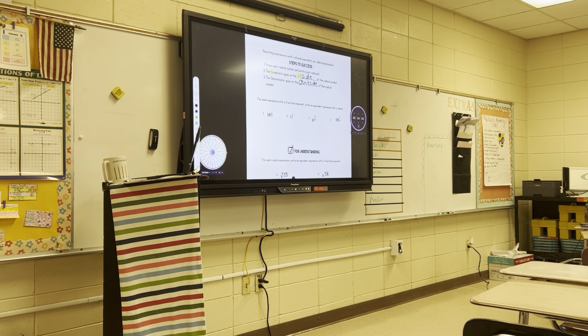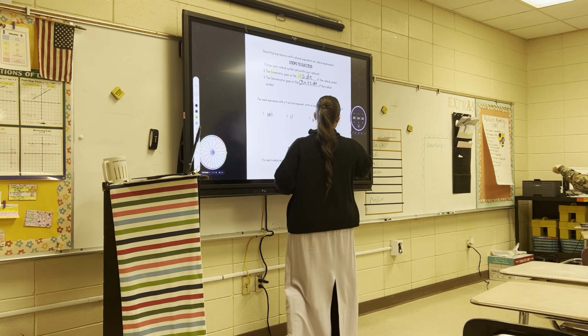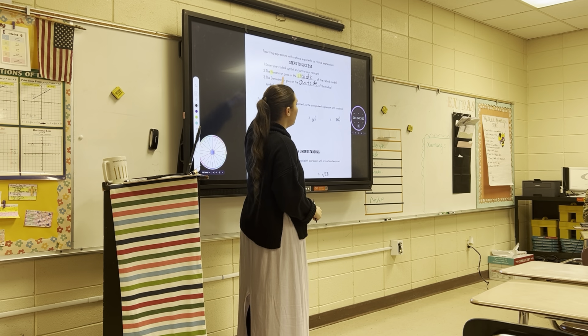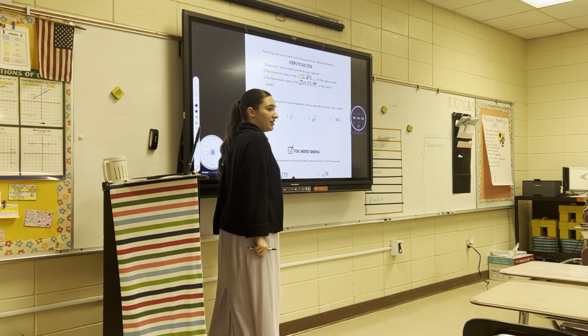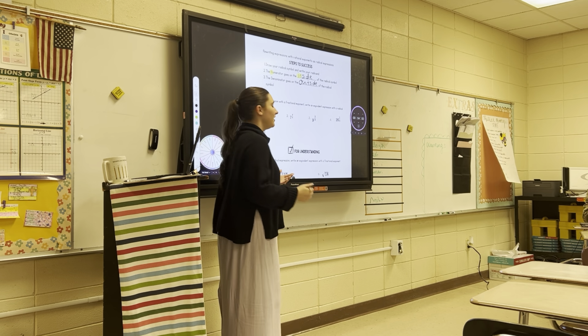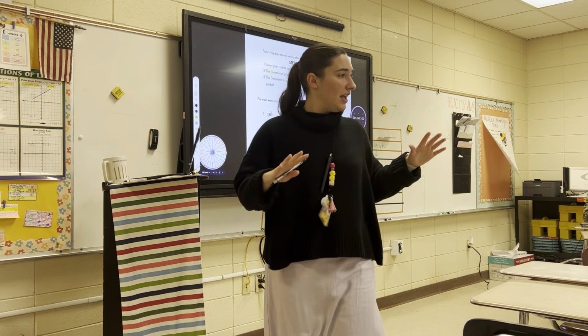So let's look at this. For each expression with a fraction exponent, write an equivalent expression with the radical. My first step is to draw my radical symbol and write my radicand. So I'm just going to put my radical symbol. Now what is my radicand? What's my big number there? 16. So we're going to stop there for just a second.